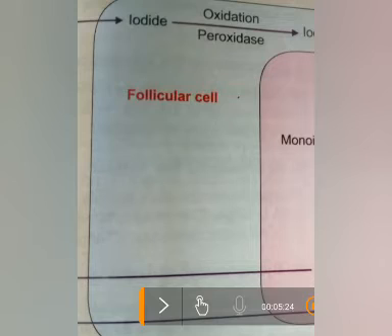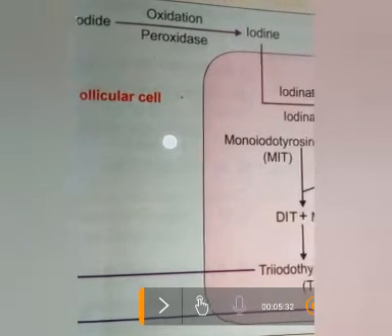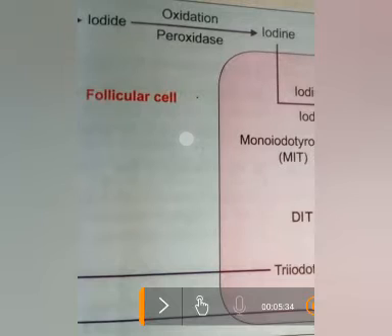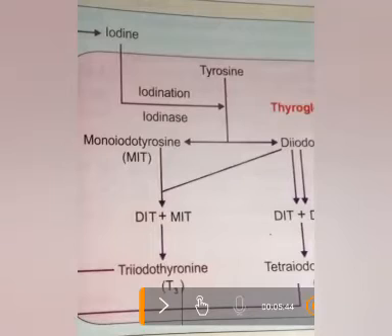The next step is transport of iodine into the follicular cavity. Iodine is there in the follicular cell. Next, from the follicular cell, this iodine is transported to the follicular cavity, which is inside, for the synthesis of a thyroid hormone.